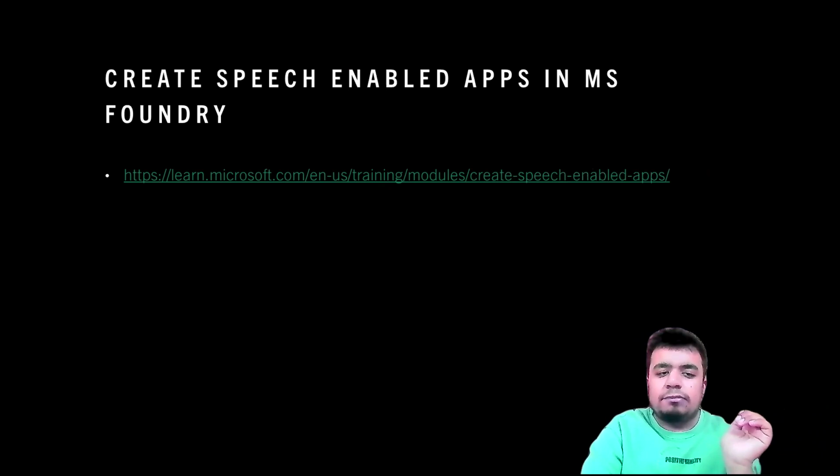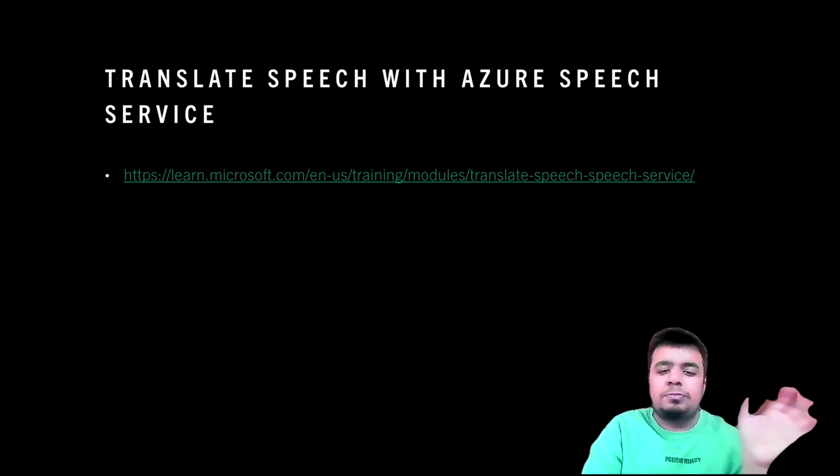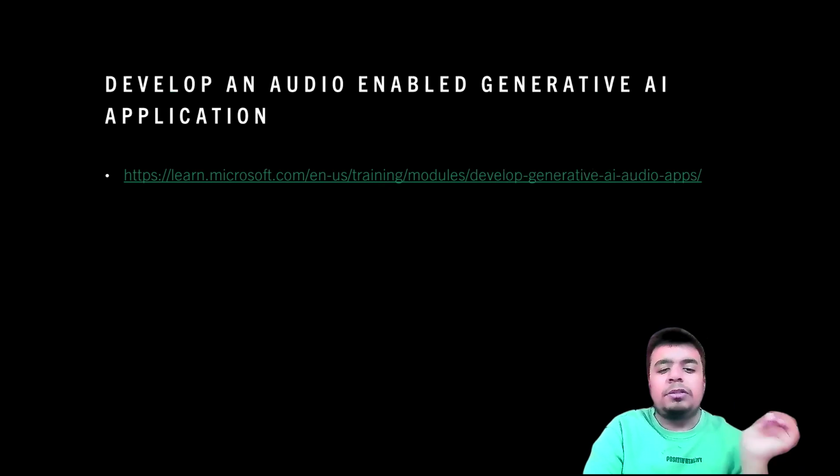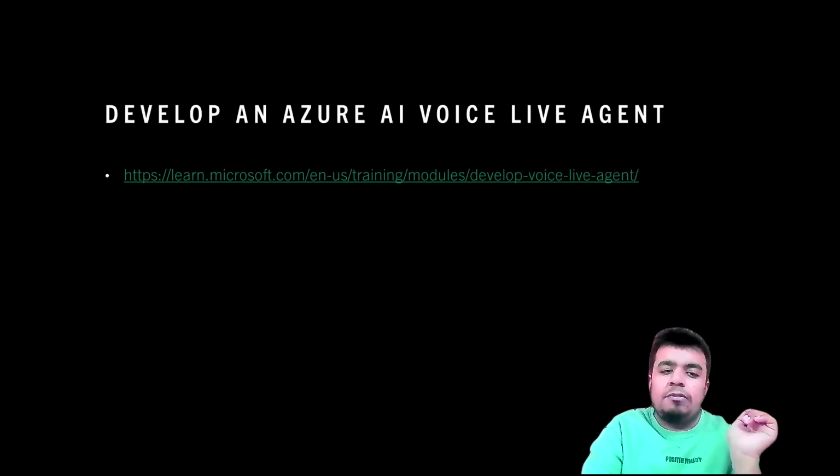Then creating speech-enabled apps in MS Foundry, which is one of the best things. Then translating speech with Azure Speech services. Then developing an audio-enabled generative AI application. Then developing an Azure AI voice live agent. And then last we have thank you.